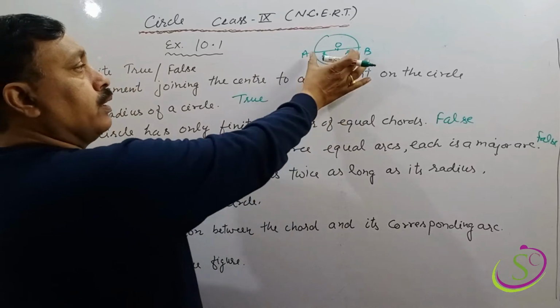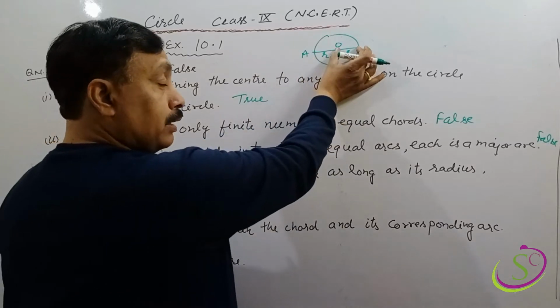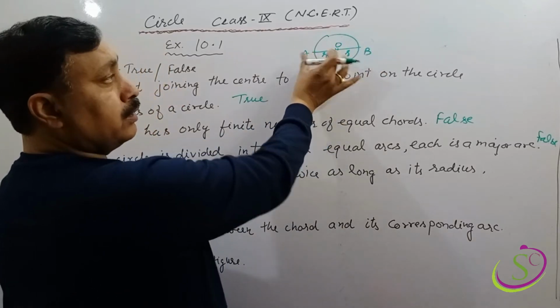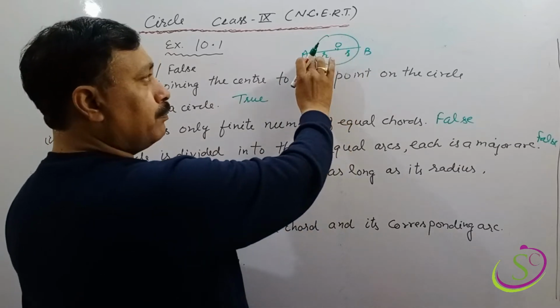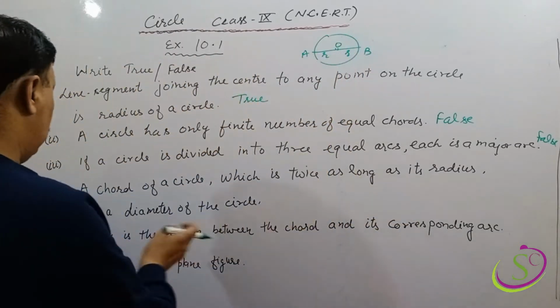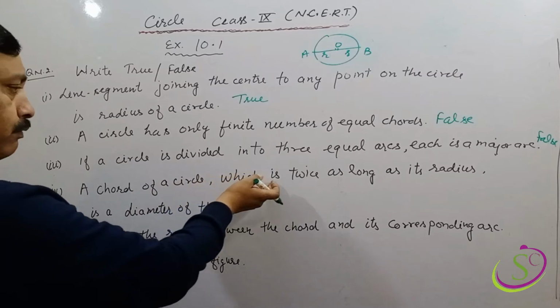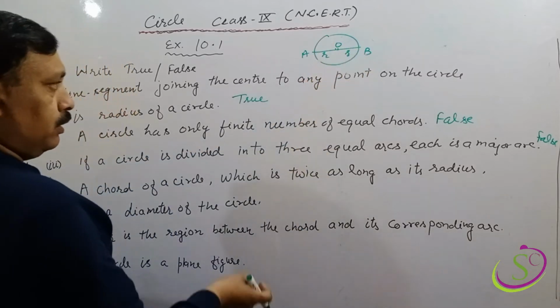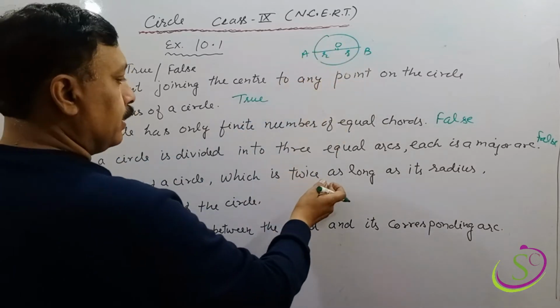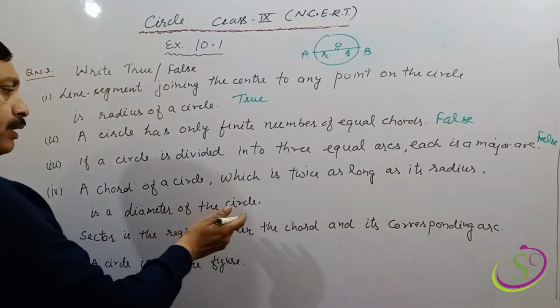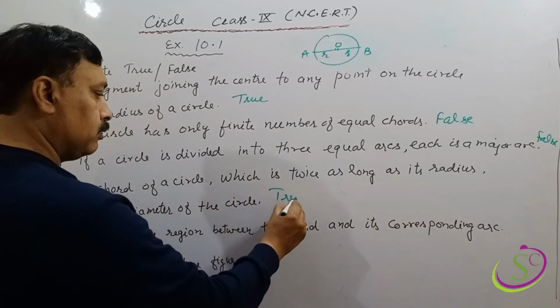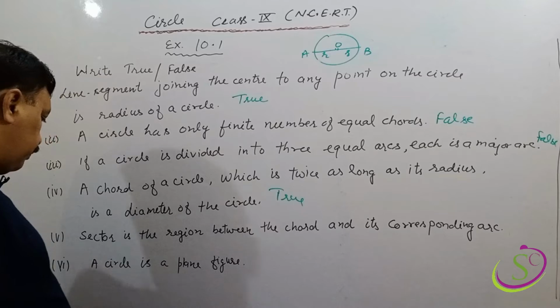Clear? So double of the radius, one radius is this and one radius is this. So double of the radius becomes the diameter. So a chord of a circle, which is AB, AB is the chord and it is double of the radius. So it is a diameter. So it is a true statement.